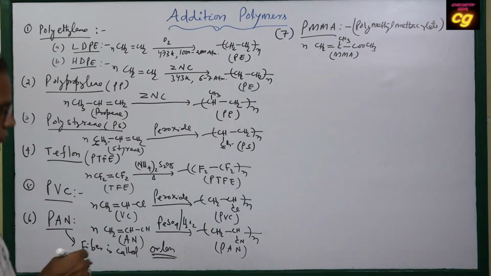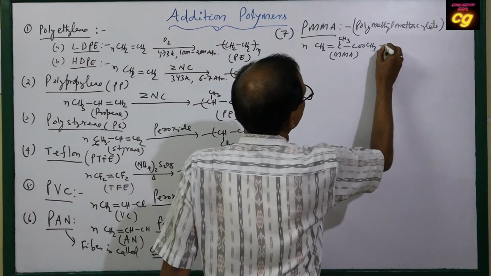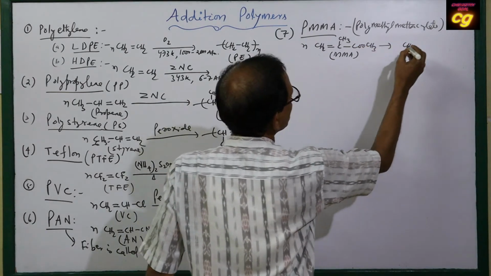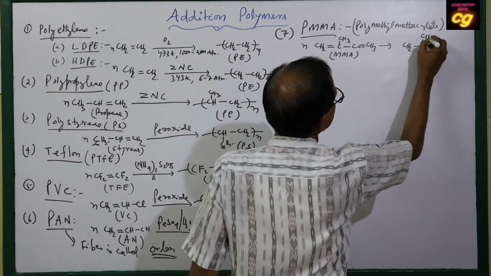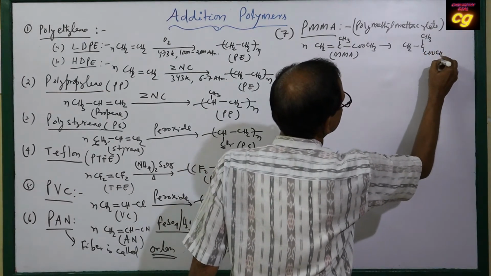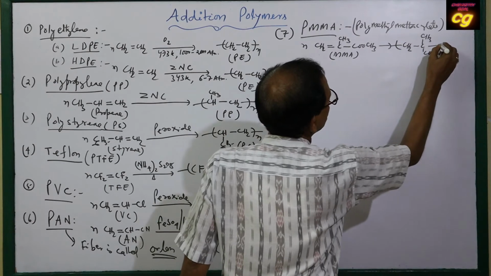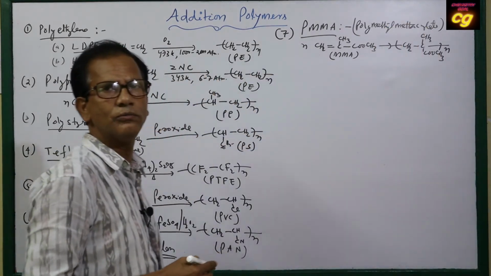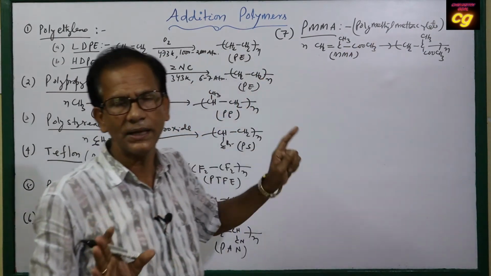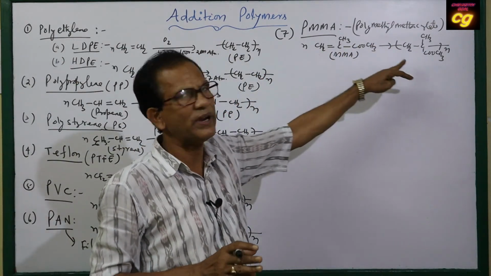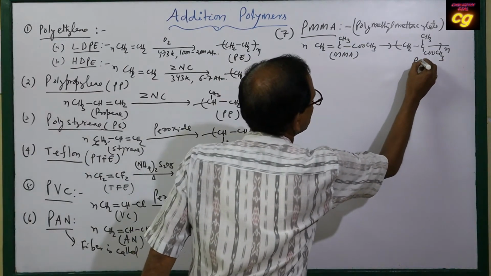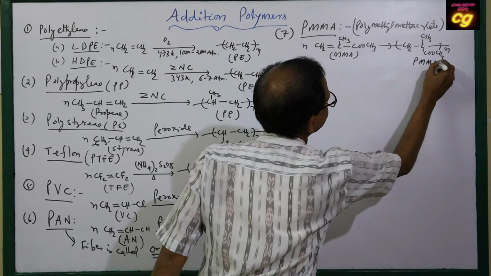Okay, and when it polymerizes, the polymer is like this: CH2, then single bond, C with CH3, there is no change here, COOCH3, then the chain will be extended in both directions. The double bond is converted to single bond. Everything is same, only the double bond breaks to single bond. So this is called PMMA, polymethyl methacrylate.